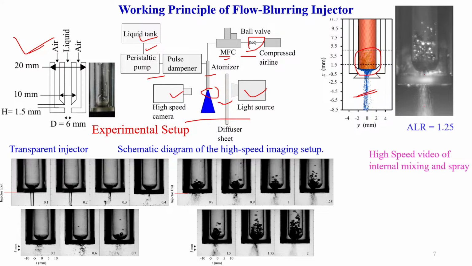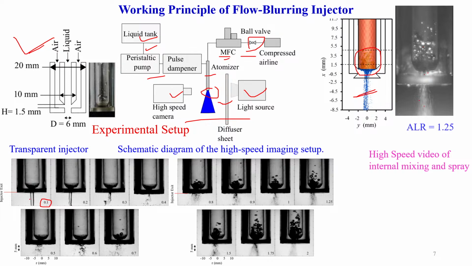Using the transparent injector, we can see internal mixing as well as external mixing, and this is the spray. I already showed this video. Here this representation is the ALR, air to liquid ratio by mass. I started with an ALR of 0.1.